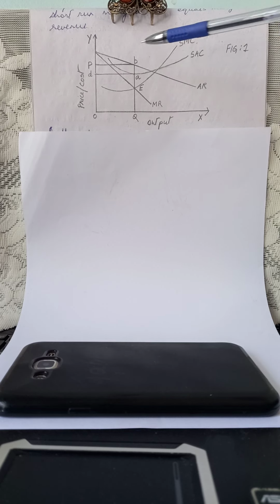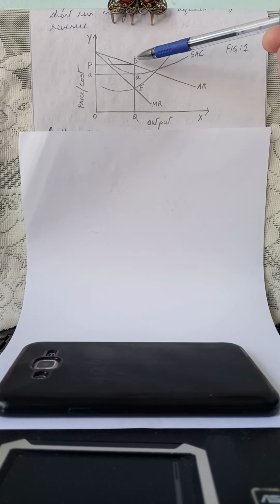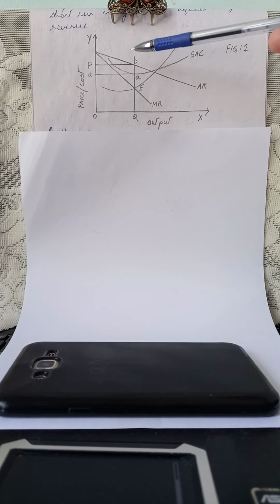Multiplying this AB profit per unit with the total output, we get BADP as his total profit. This BADP is a supernormal profit enjoyed by this firm in the short run.